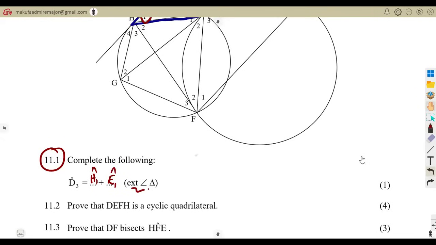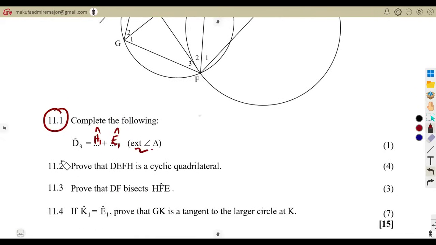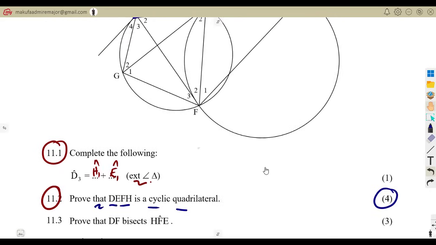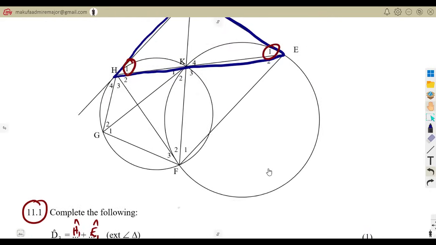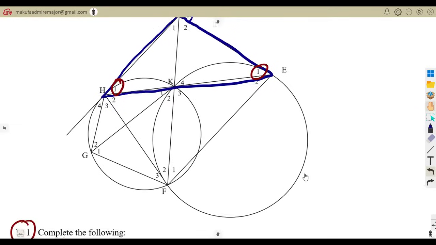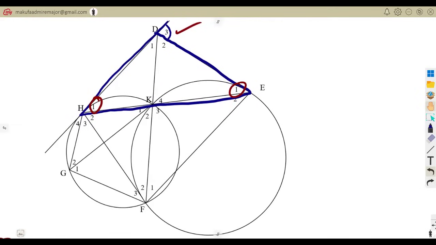All right, then we are asked on the other part there, prove. Then we need reasons there to prove that DEFH is a cyclic quadrilateral. This is 11.2.